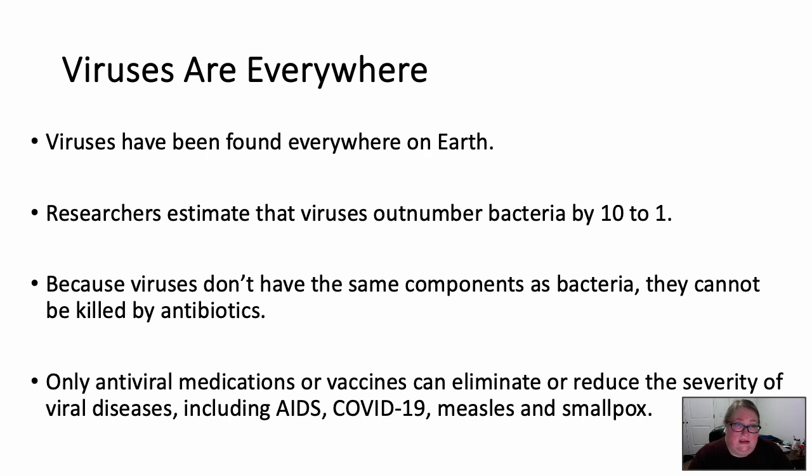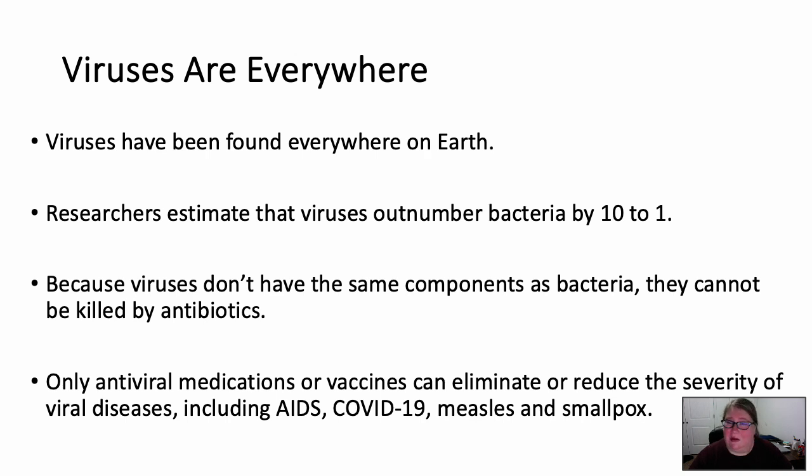So we have vaccines that work for COVID-19. This is our latest one. We have vaccines for measles. We have vaccines for smallpox. We're working on HIV vaccines to prevent AIDS. So there's a lot of different vaccines in play, but we also have a lot of different medications. So we have antiviral medications that prevent people from catching HIV that will lead to AIDS.